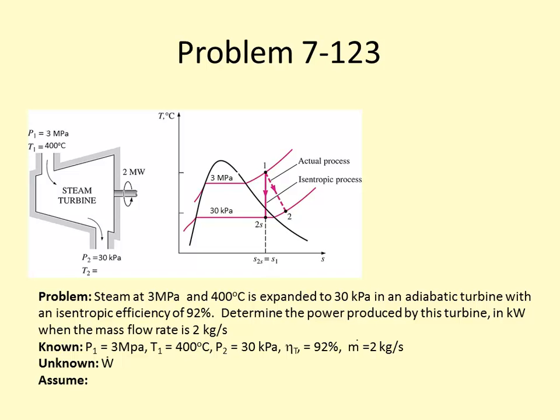Determine the power produced by this turbine in kilowatts when the mass flow rate is 2 kilograms per second. So we're given the initial conditions, the final pressure, the isentropic efficiency, and also the mass flow rate.